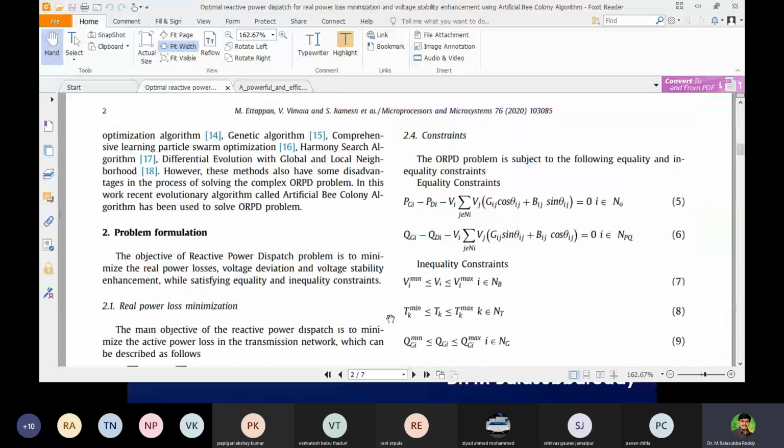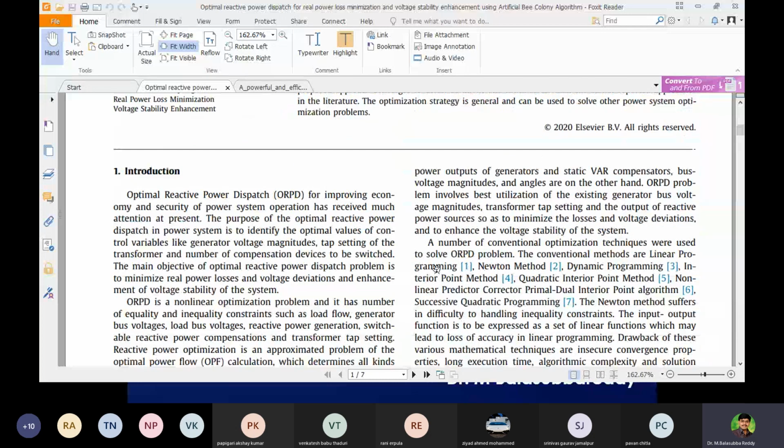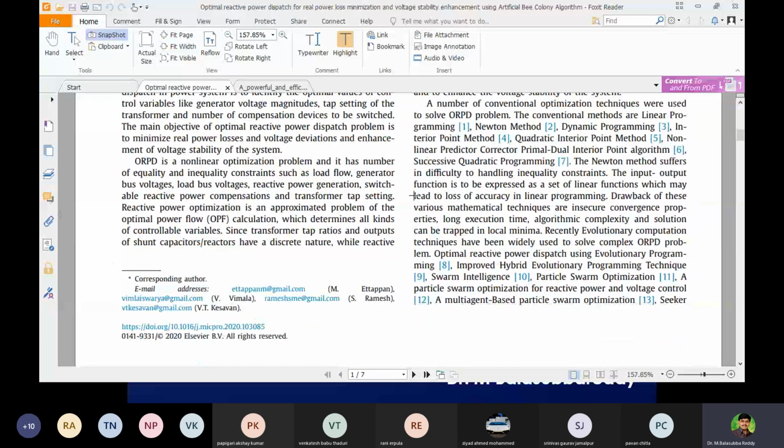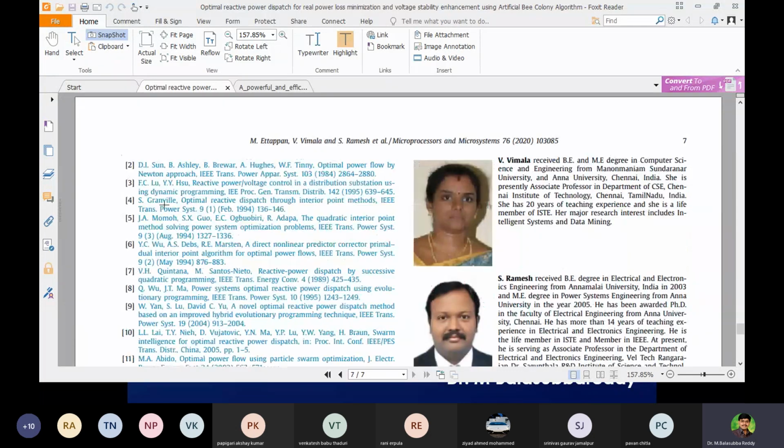Now these are all the literature, in the sense the paper, what he proposed, and then these are all the basic methods, linear programming, as will be shown here in this paper. The numbers 1, 2, 3 indicate the numbers in the reference. At the end of the paper, you can see that this one is the paper on optimal power flow by Newton approach.